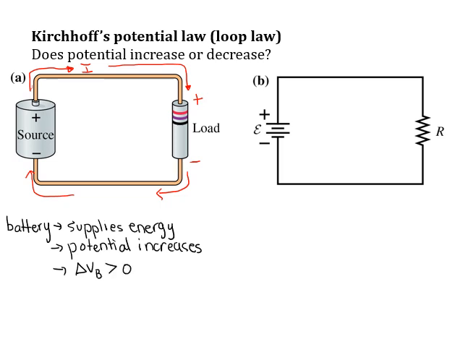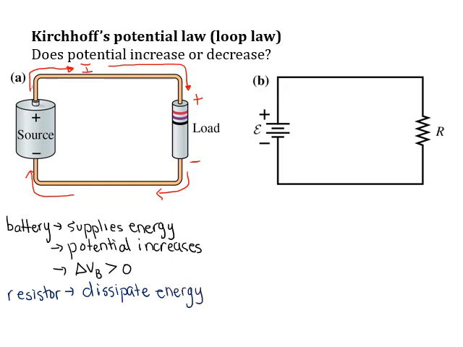Okay, our next circuit element is the resistor. Resistors dissipate energy. They use up energy. If you have a circuit connected, if you put your hand on a resistor, you'd see that it felt pretty warm. So resistors dissipate energy.